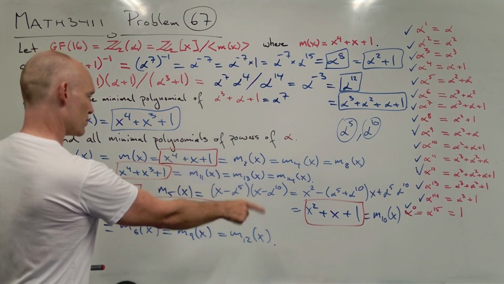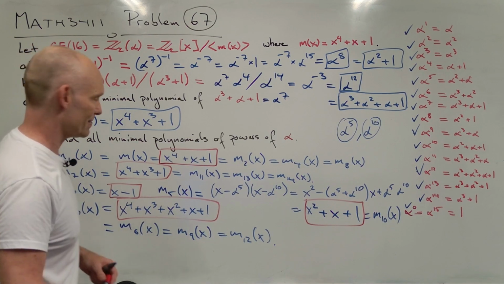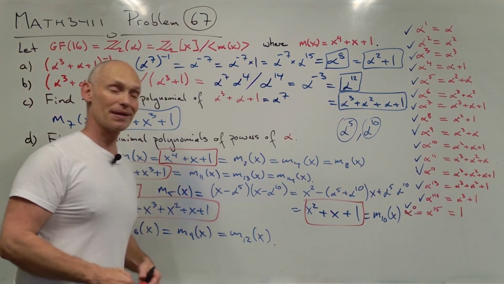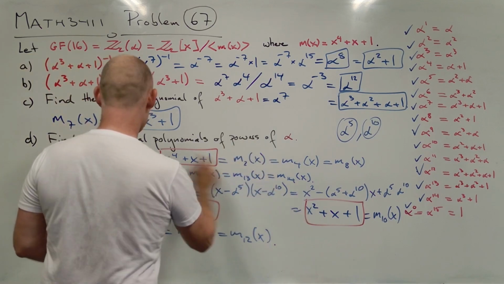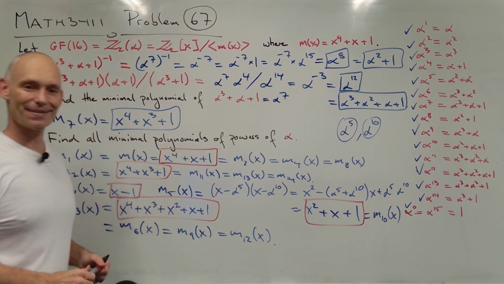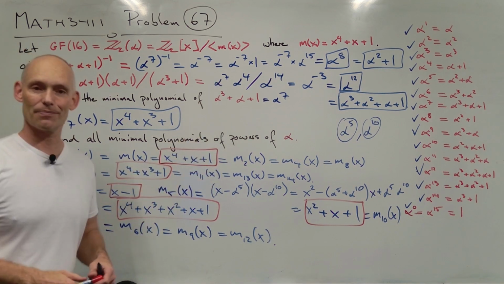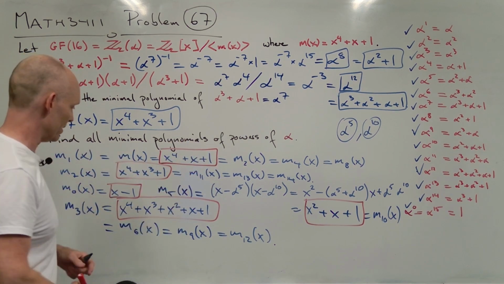So we've got 1, 2, 3, 4, 5 different minimal polynomials, but of degrees 4 plus 4 plus 4 plus 2 plus 1 is 15, and they have all of the powers of alpha as a root in total.